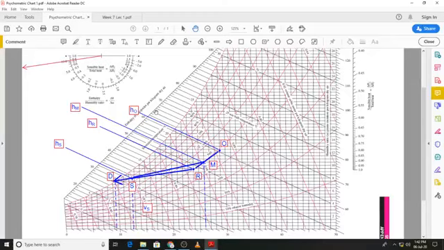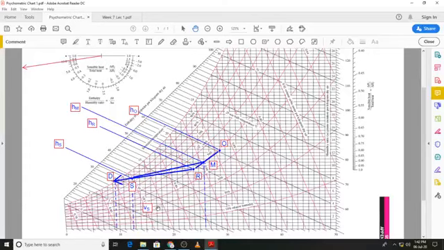The supply air is at 12.5 degrees C. So you can see I have got this line over here which is at 12.5 degrees C, but I need some other information using which I will have to locate state S, and that is the sensible heat factor.